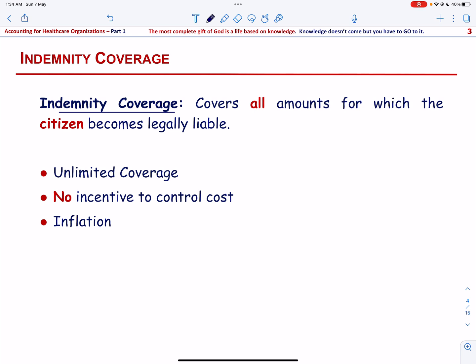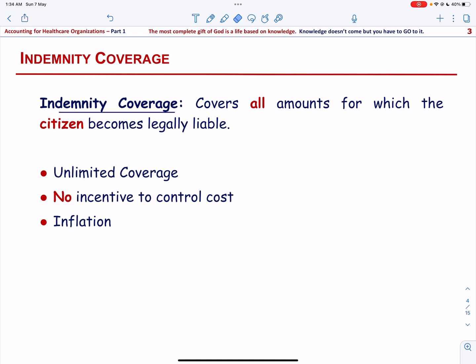So the hospital treats the patient and bills for the services provided, and the insurance company will pay the bill. Now think about what this system means. It means that the insurance company will pay the bill and the patient doesn't have to pay anything.